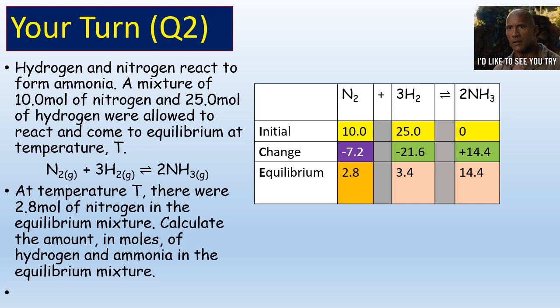Well, there are 3 moles of hydrogen, so that should have dropped by 3 times 7.2, hence minus 21.6 there. And the ammonia would have gone up by 2 times that 7.2, so plus 14.4. And you can see our equilibrium values there. Hopefully you got those correct.